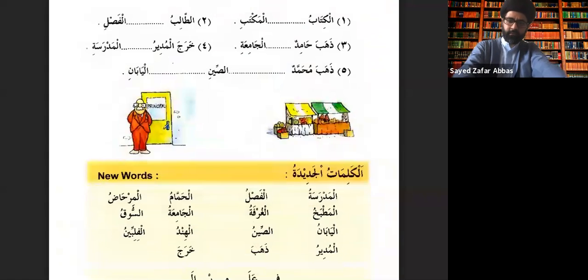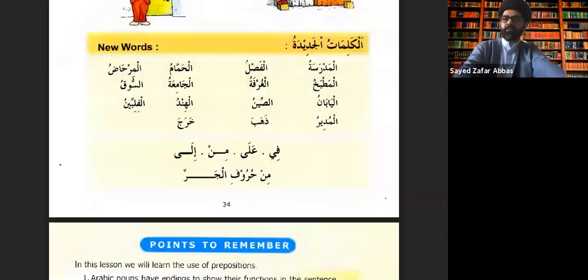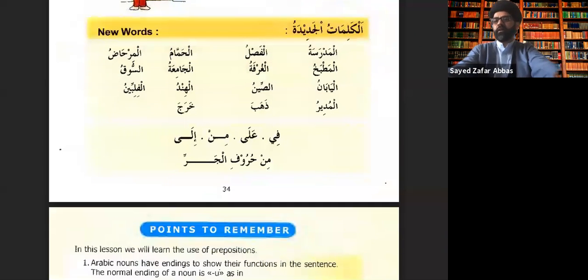So if we just scroll down, we see that these are the new words that we learnt in our lesson today. Al-madrasa, school. Al-fasl, classroom. Al-hammam, bathroom. Al-mirhad, toilet. Al-matbakh, kitchen. Al-ghurfa, room. Al-jami'a, university. Al-suq, market.